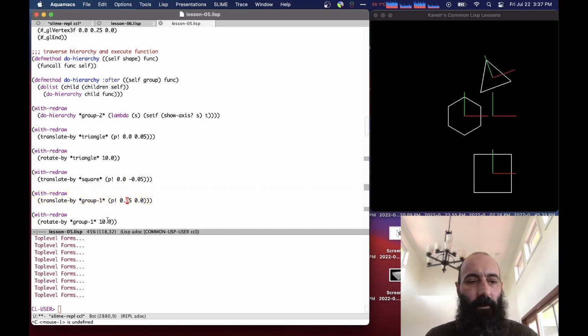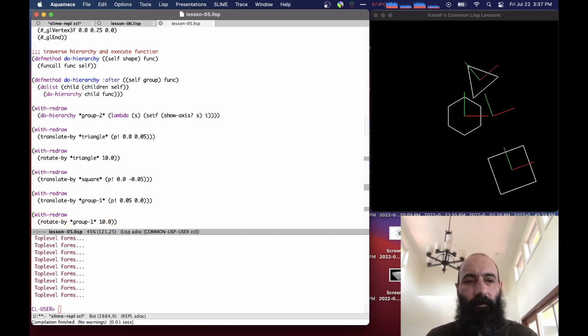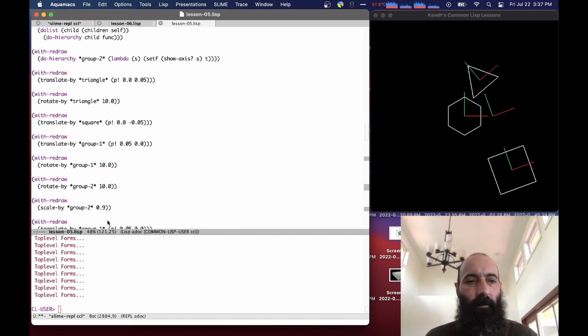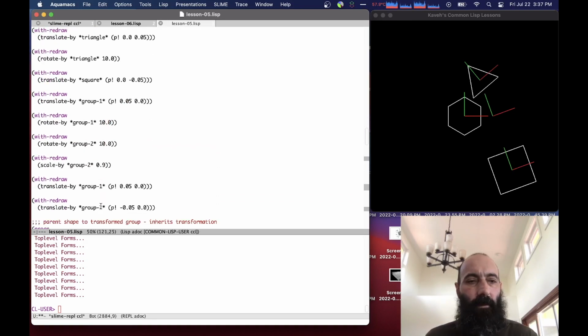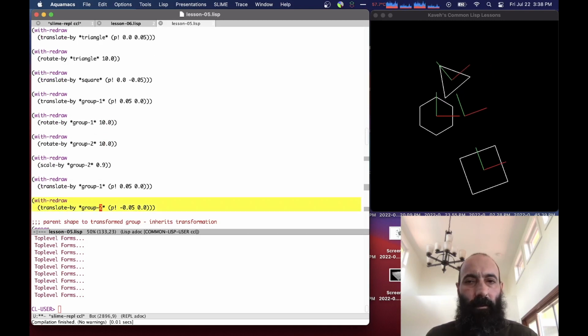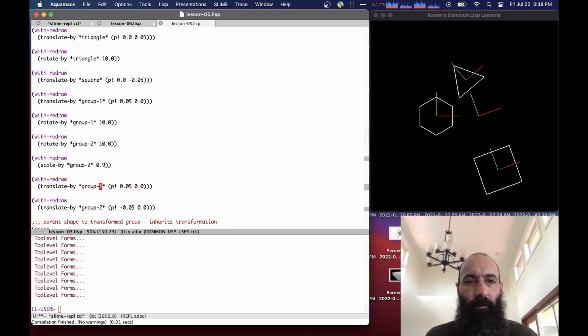And we'll rotate group 1. That should be good. Maybe let's move group, move it a little bit to the center. And move this a little bit apart. All right. So we have our scene.